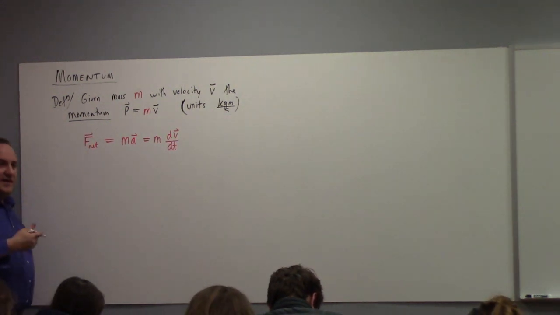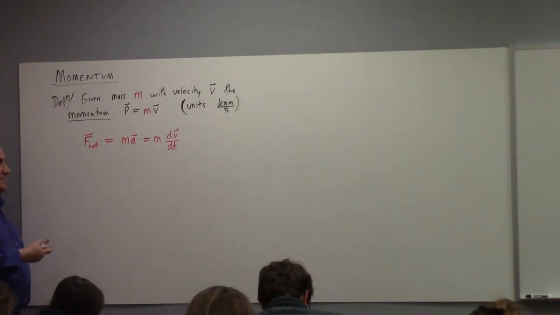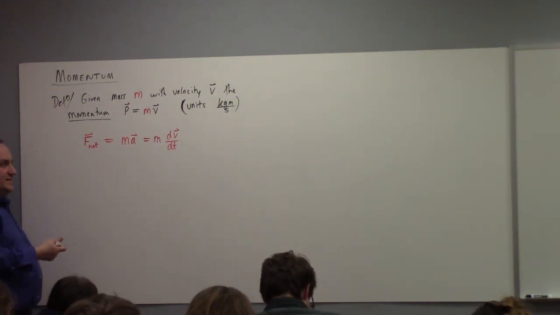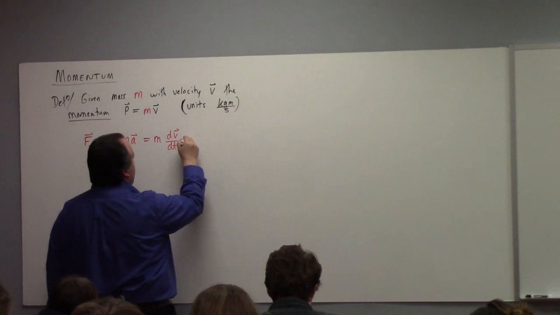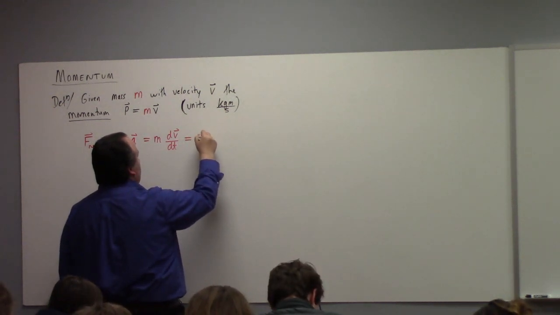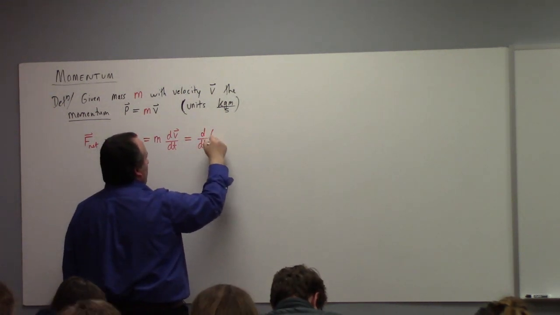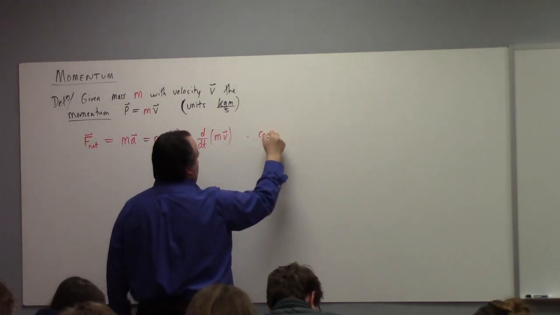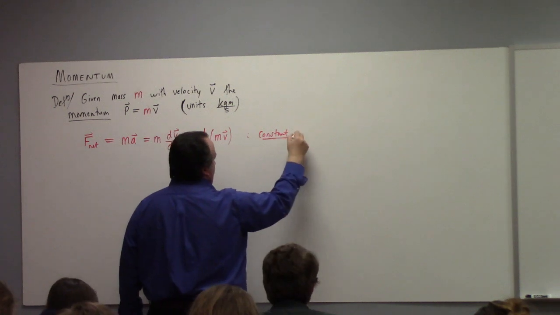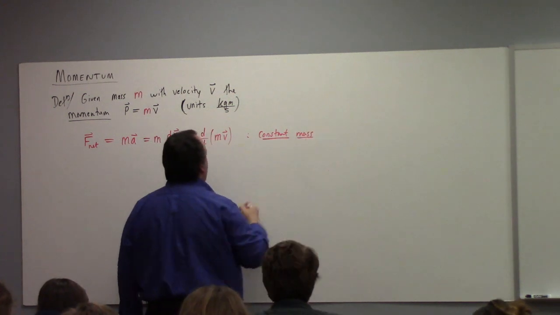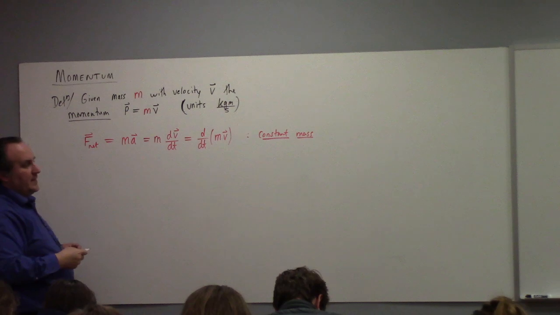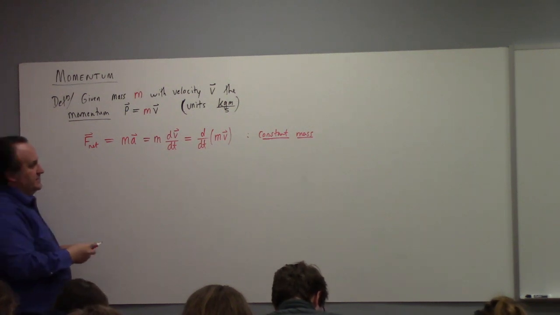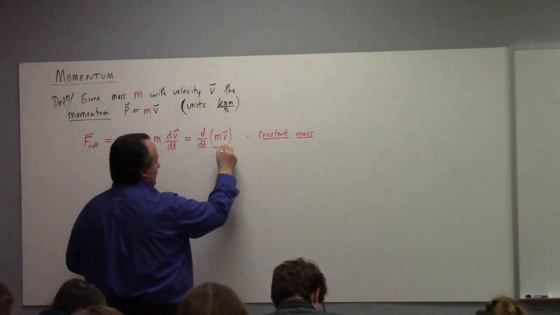And so long as the mass is constant over the motion, if we consider the constant mass case, this is equal to d/dt of m times v. So for constant mass, what is that? This is momentum.